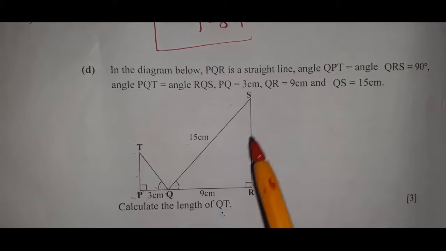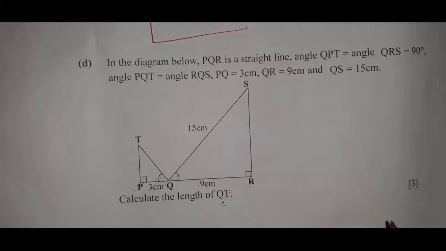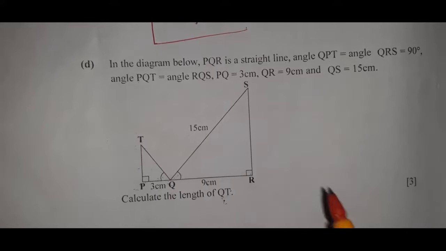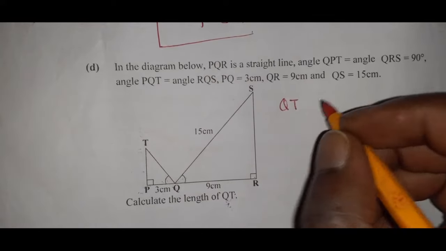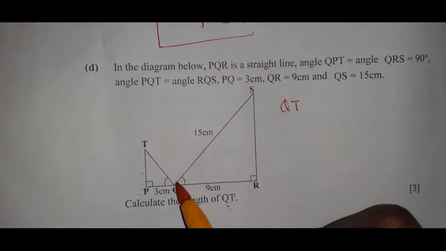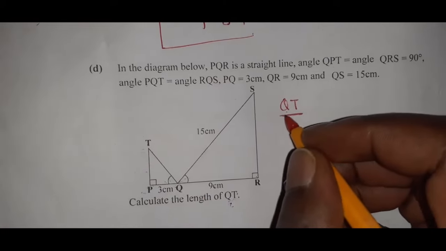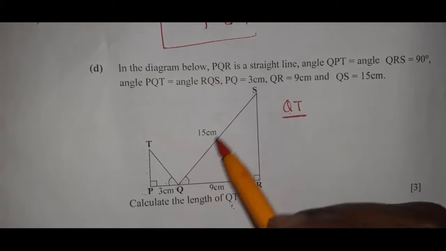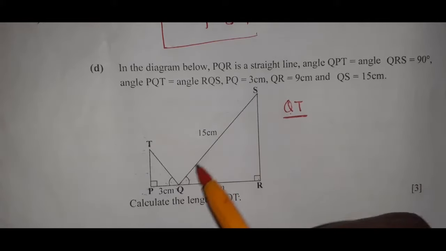This is similarity, and we're using the similarities here. So we can say QT, here we want QT. QT is a measurement from a smaller triangle here. And what is the corresponding side from the bigger triangle?